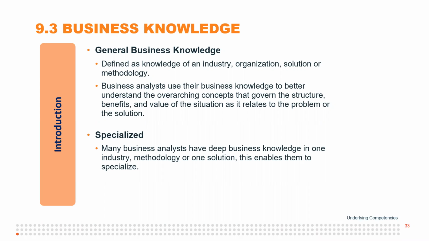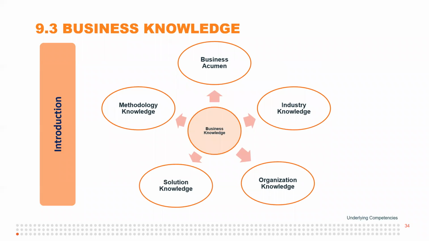Many business analysts have deep business knowledge in one industry or methodology or a particular solution, and this enables them to specialize. So you can have general business knowledge, or you can have specialized. And so acumen, industry knowledge, organization knowledge, solution knowledge, and methodology knowledge.